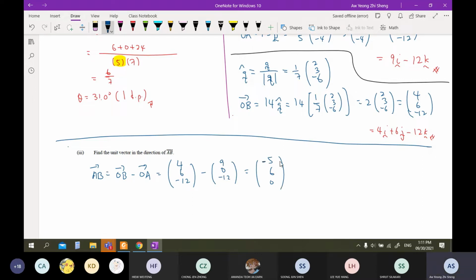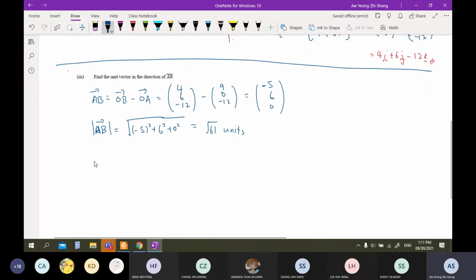Oh, there's a minus 5 as the x component. But to get unit vector, you also need the length. And this is just a length formula. You get square root of 61.